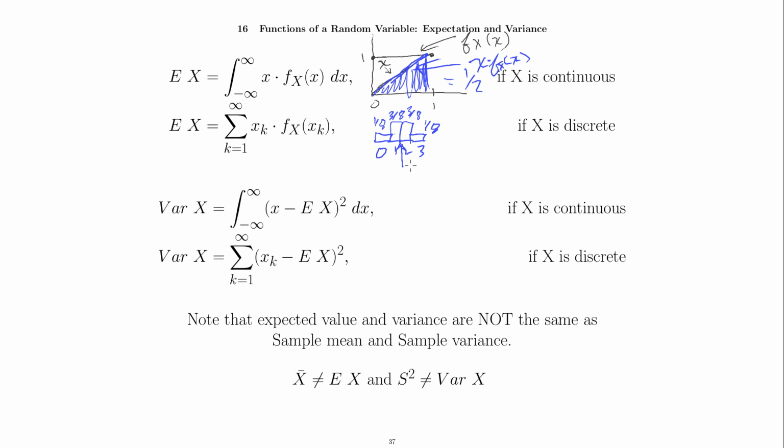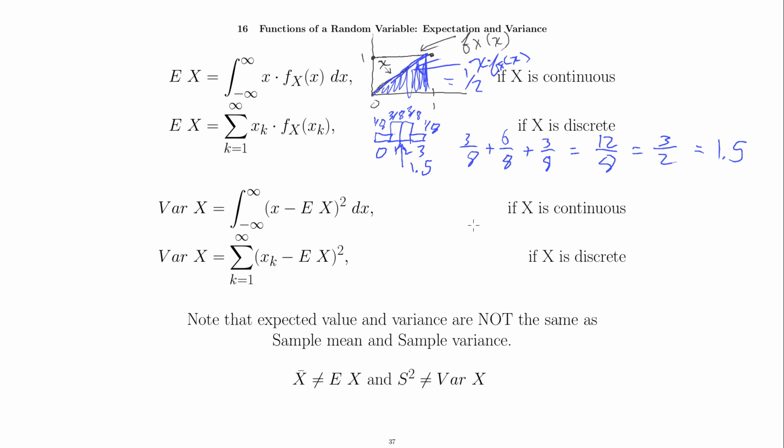You're going to guess that it's going to be 1.5, and indeed, when you multiply these all together, you get 3/8 plus 6/8 plus 3/8 equals 12/8 equals 3/2 equals 1.5. So that's how expected value works.